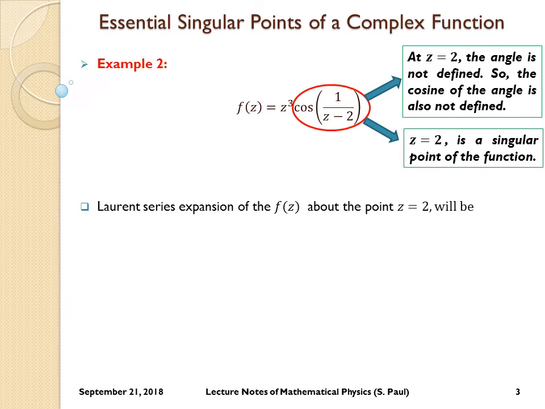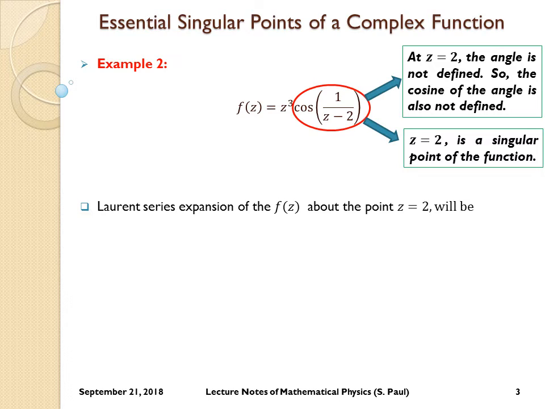So for that we will calculate the Laurent series expansion of the function about the point z equal to 2. As we know, if we calculate the Laurent series expansion of any complex function f of z about the singular point z equal to a, then the Laurent series expansion will contain positive and negative integer powers of z minus a.